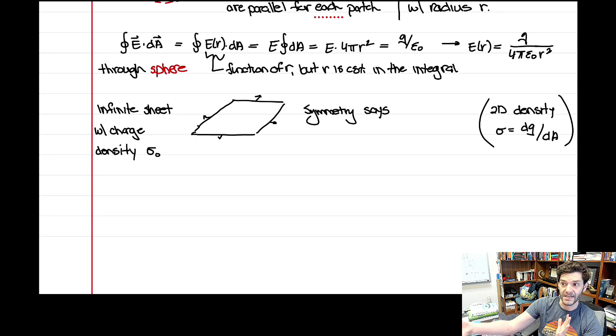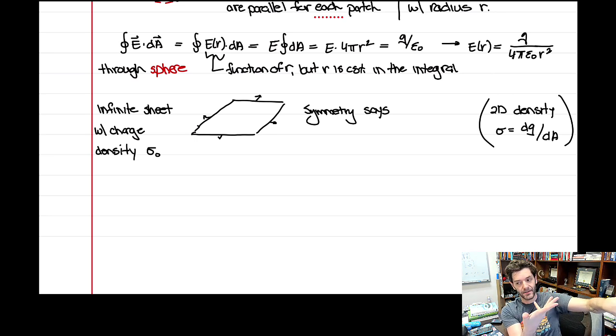I could have, though, rotated the entire thing. I could have taken the entire thing and rotated it a little bit, but you still would have seen the exact same thing if you had an infinitely long sheet. So again, the electric field can't be at an angle, because then if you rotated it, you would see that difference.